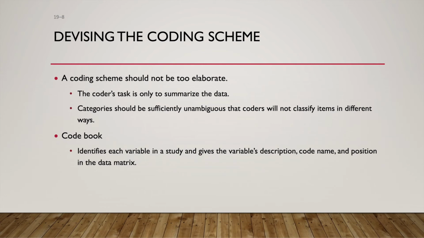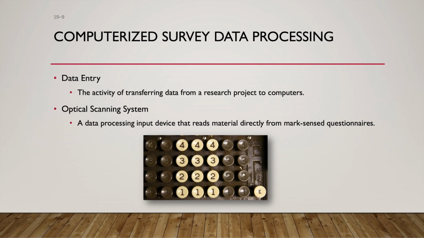A codebook identifies each variable in a study and gives the variables descriptions, code names, and a position in the data matrix. That's when you've got it all put together and presented. Now, data entry: there used to be a big demand for data entry operators and specialists, and that's the activity of transferring data from a research project to computers.